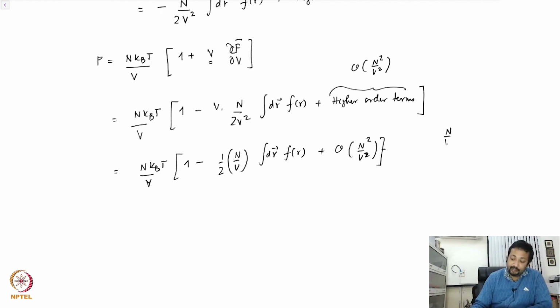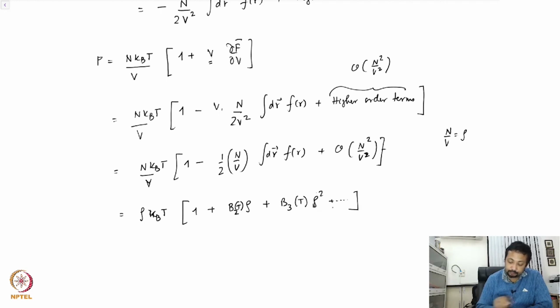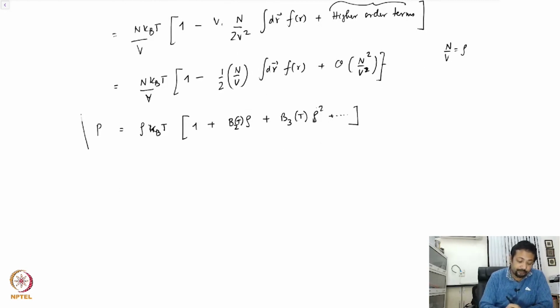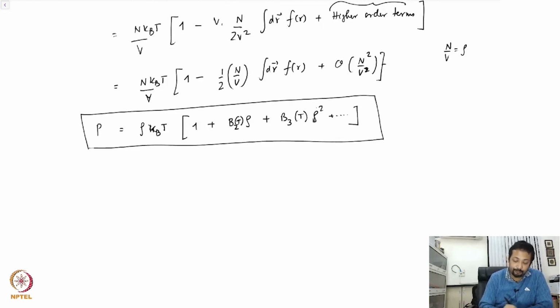Now, identifying N by V as the density, I have this as ρ kB T times 1 plus B2 ρ. Remember, f(r) has a temperature dependence, f(r) has a beta factor, so this is going to be B2(T) times ρ plus B3(T) times ρ square plus so on. So the equation of state takes this particular form. This is what is called a virial expansion.